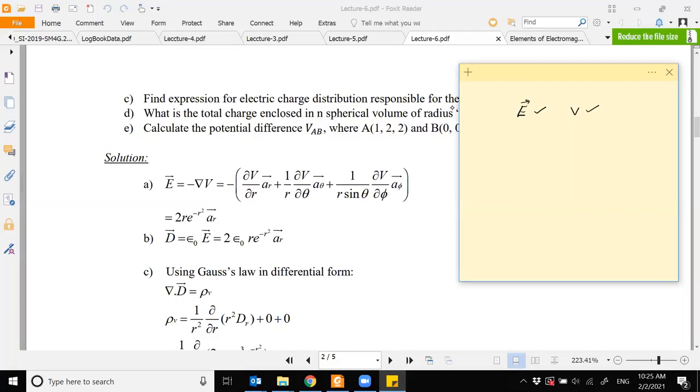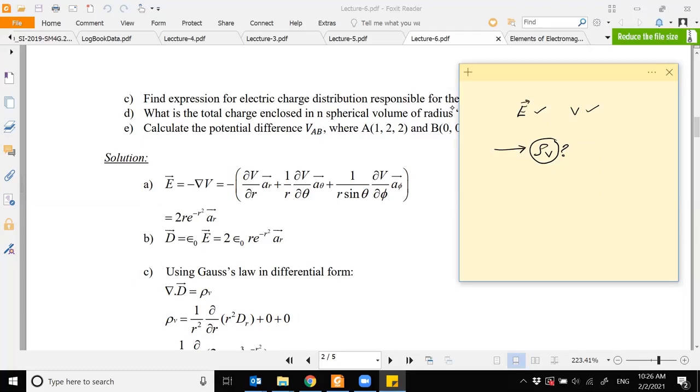Now we need to find the charge distribution, I mean we need to find rho V. Again, remember guys, I have already told you that sheet and line are special cases, but the more general distribution will be rho V. So because we don't know how the distribution will be, we will always take the more general case, which is the volume distribution, rho V. This we need to find.